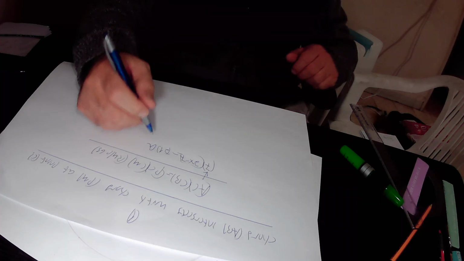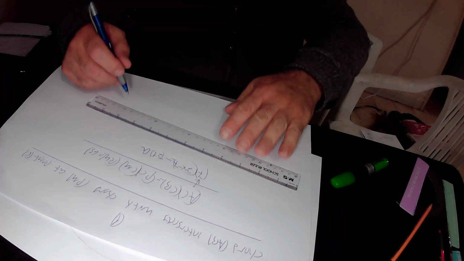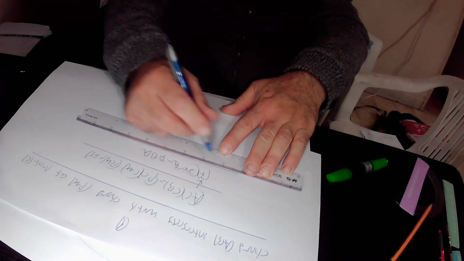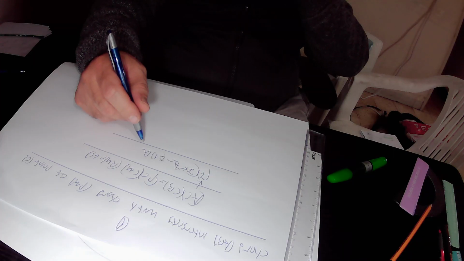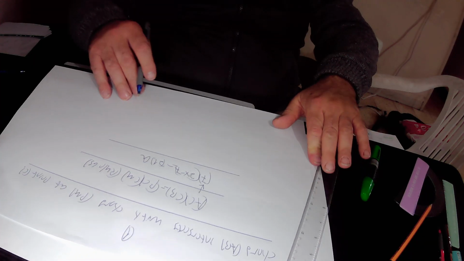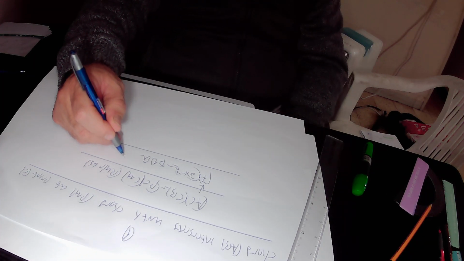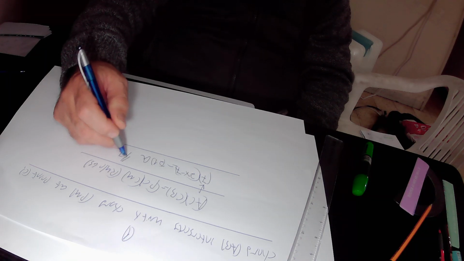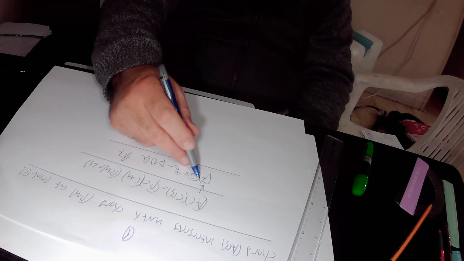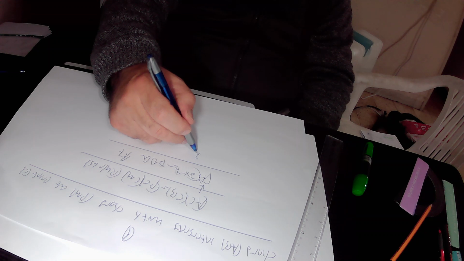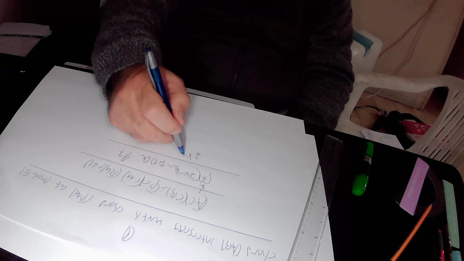So in total we found that according to rule 65, 7 times 2x minus 7 equals 21 times a. Here we divide this equation by 7, and the 7 gets cancelled. On this side we are left only with 2x minus 7.